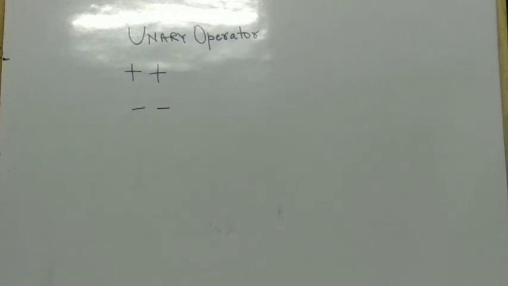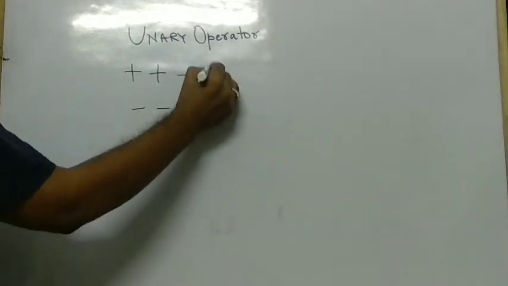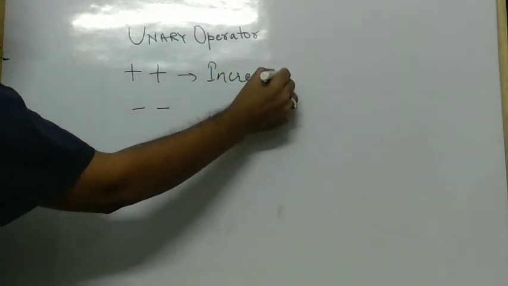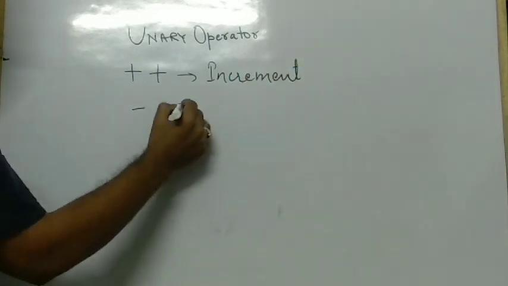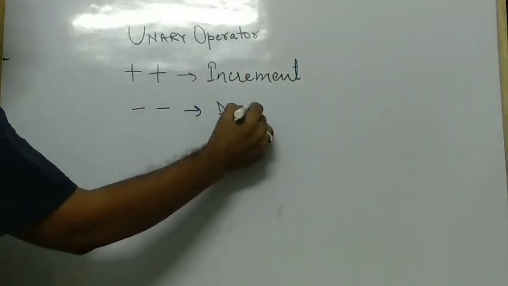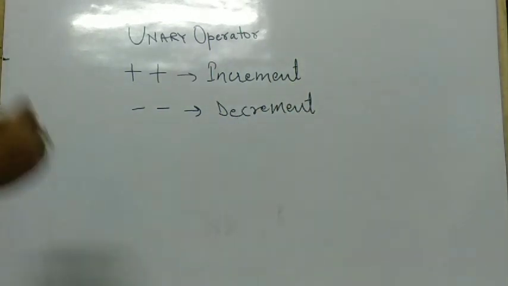Pre and post. And this plus plus sign is known as the increment operator, and this minus minus sign is called the decrement operator. Increment and decrement.